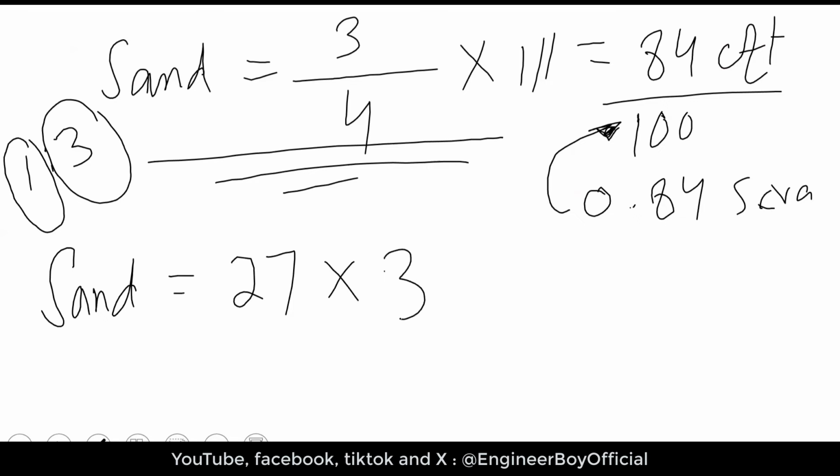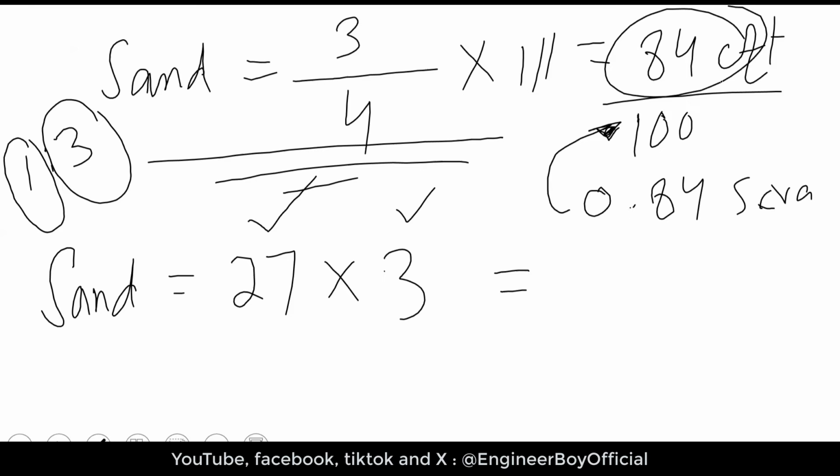So cement is 27, multiplied with the ratio of sand, which is 3, and this is going to be the same thing, 84. If I'm not wrong, 27 times 3 should be 81. So it means this should not be 84 then.